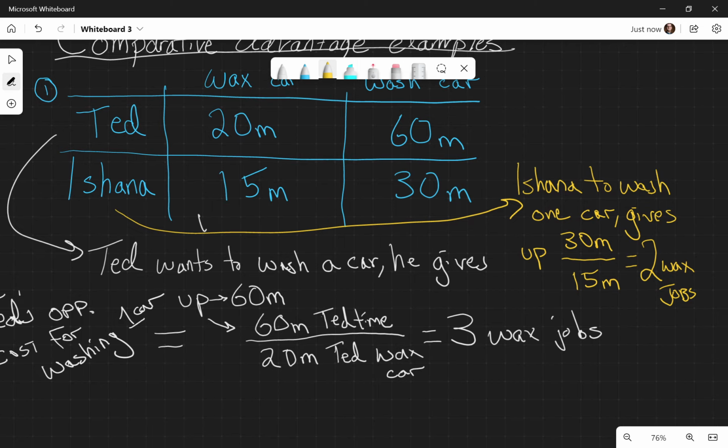So when we're asked in this problem who has the comparative advantage, we ask ourselves who has the lowest opportunity cost.